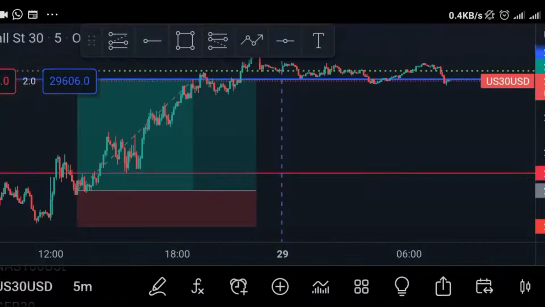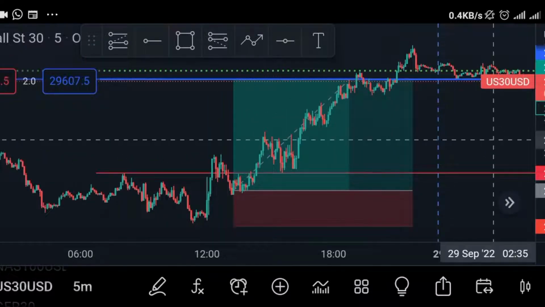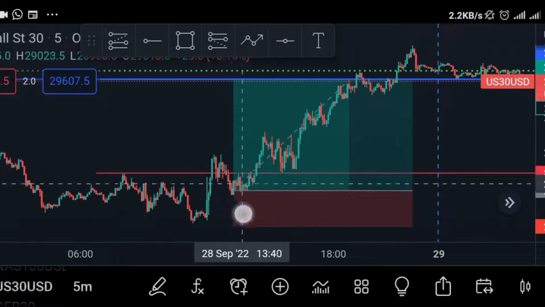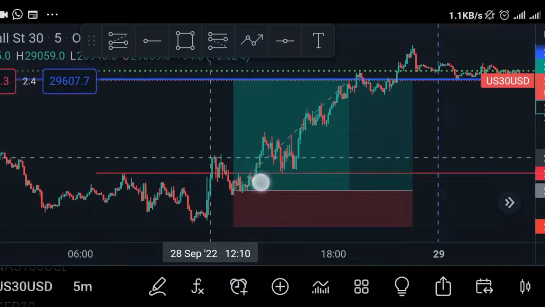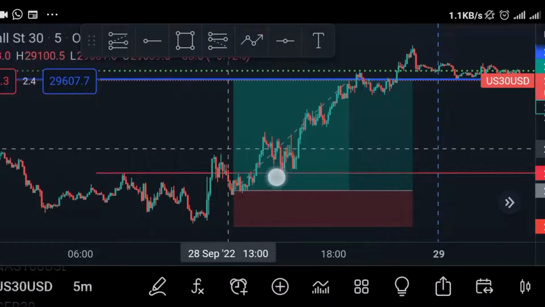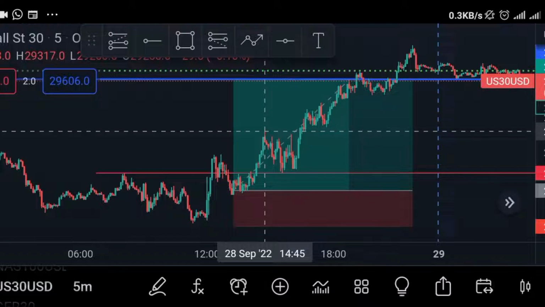Let's dive into how I scaled in, how I placed more trades on this trend. As I was saying, price made a higher low, we entered there, it made a higher high, broke the previous high here, which means it's a new high, that's why it's higher than the previous high.